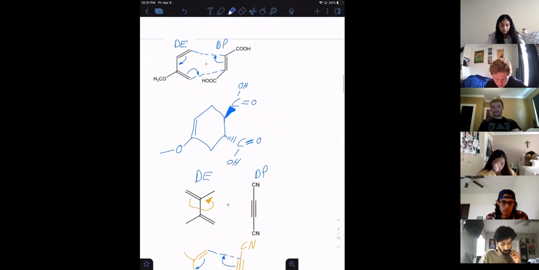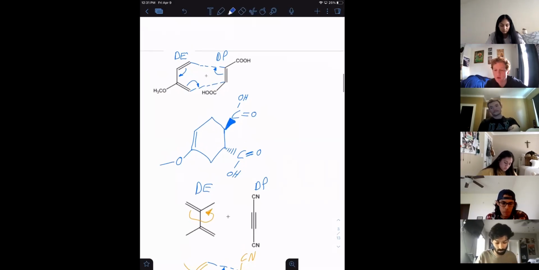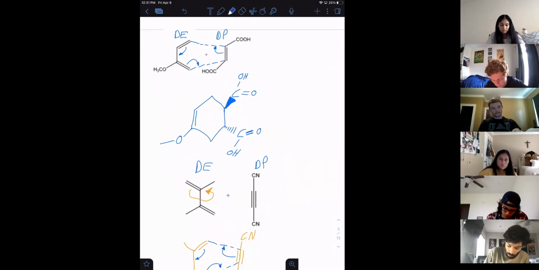For this next guy, same deal. We've got the transition state here. You don't have to redraw it because you're not doing any kind of flipping and spinning. The dienophile for all of these is always on the right, and the diene is always on the left. That gives you that one just in the organization of it.